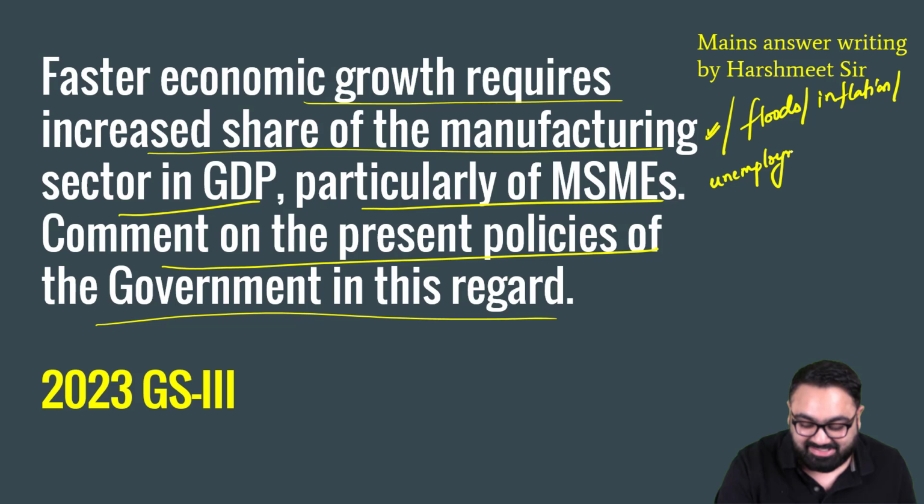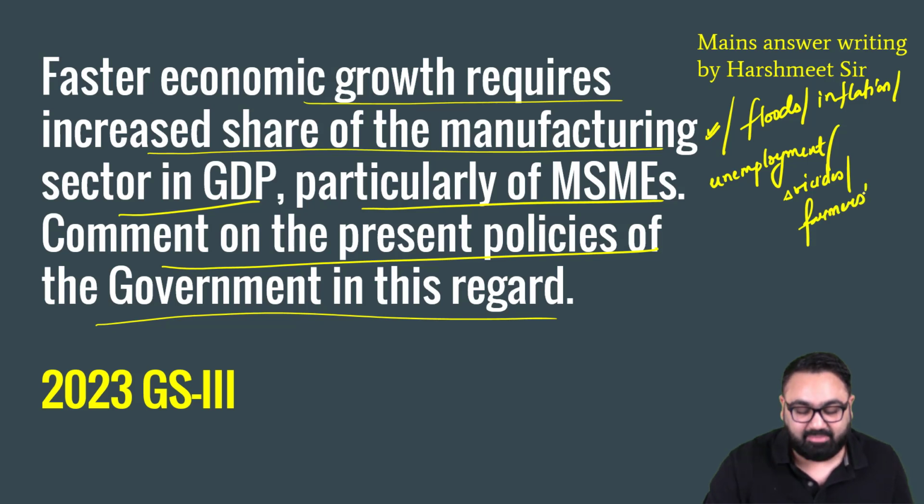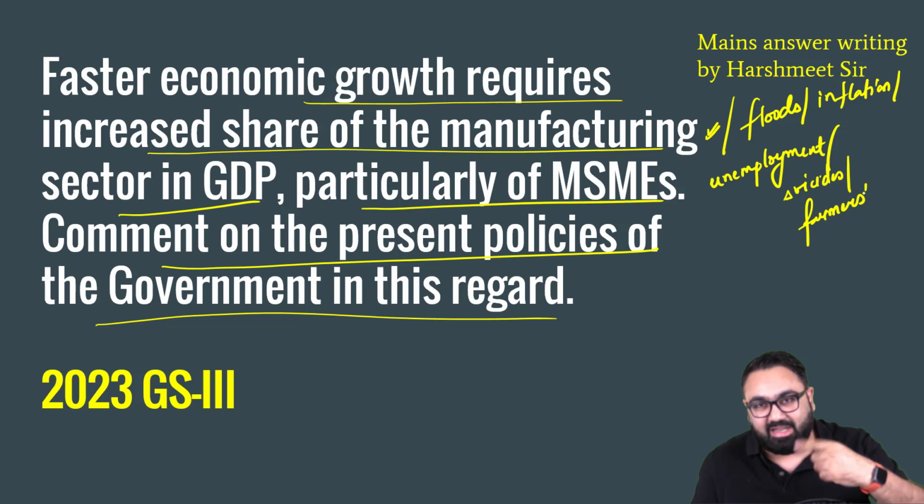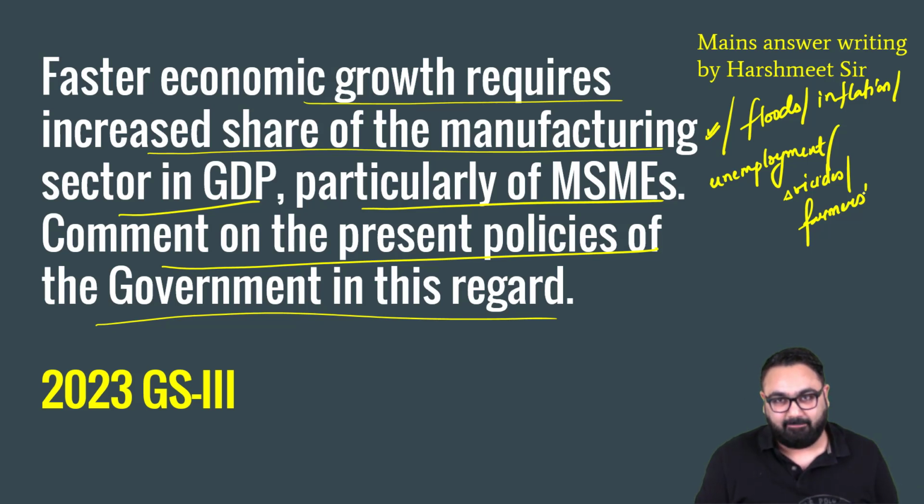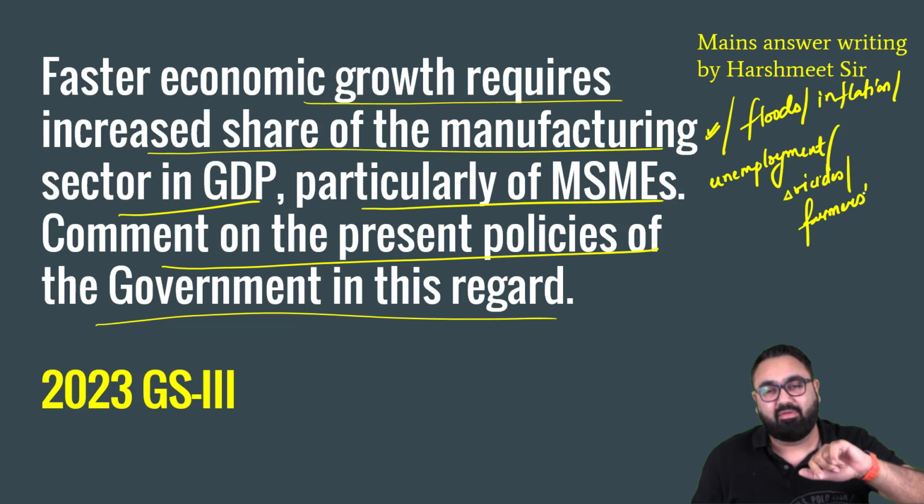There are questions in different ways about suicides and farmer distress. There are 10-12 themes which are repeatedly seen in the mains answer writing. So if you have identified those themes, it is very easy to answer those questions because you can get your answer prepared beforehand.